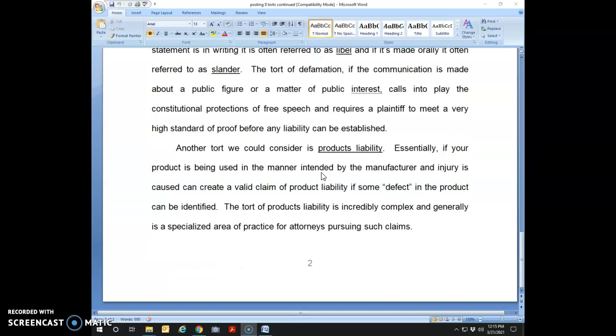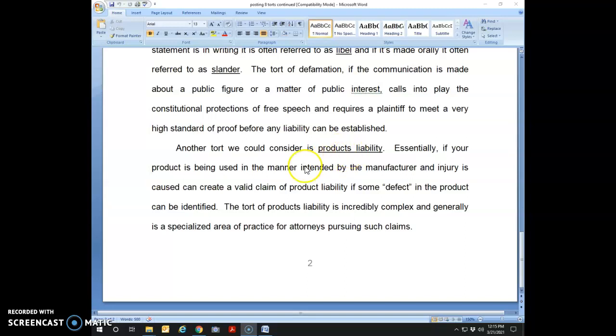The second tort we could consider is products liability, and that is where there's a consumer type of product, and it doesn't necessarily have to be a consumer type of product, but a product that has been sold for use. It might be a product that is used just in manufacturing, for example, as opposed to the lawnmower I bought last year at Home Depot.